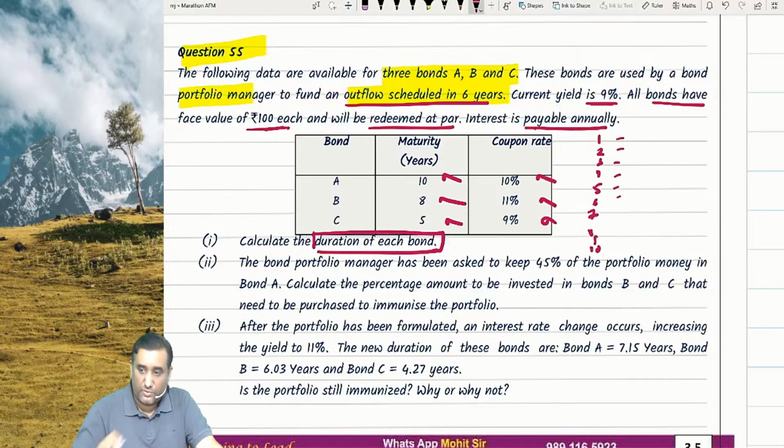Apply the factors, get the duration. Calculate duration.